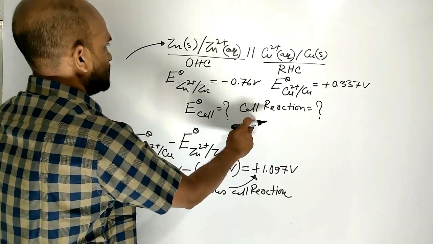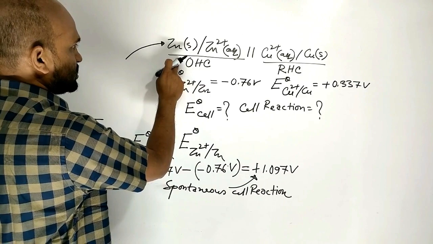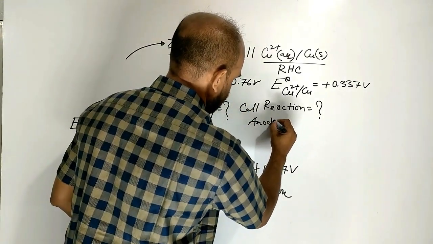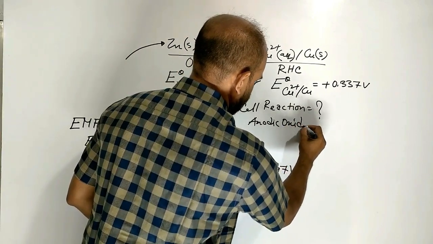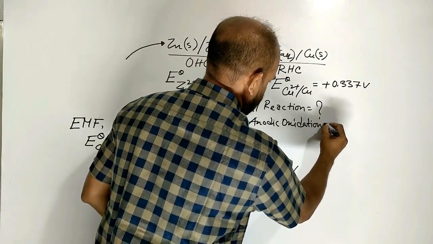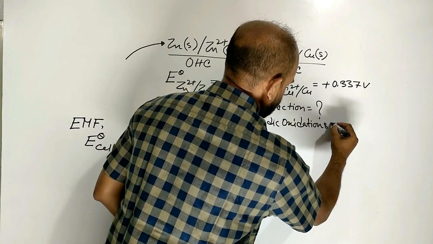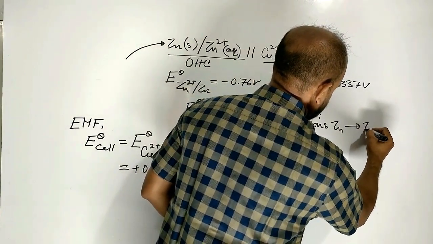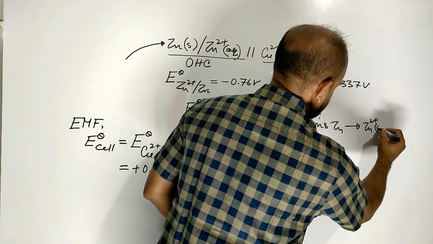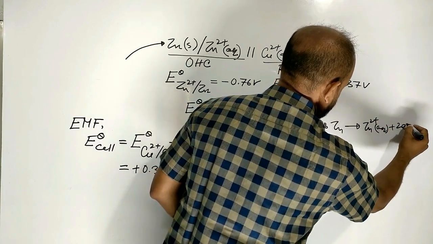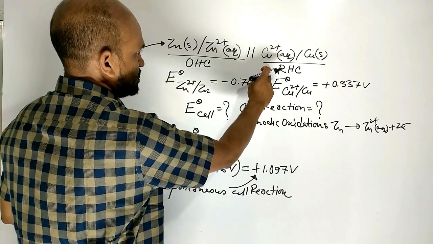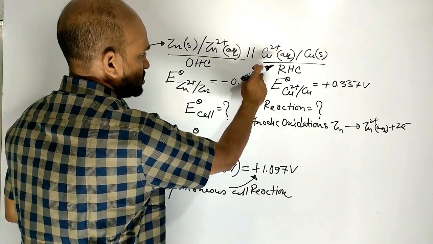Now let us see the cell reaction. Oxidation half cell, that is anodic oxidation. Here zinc donates electrons, and this is the reduction half cell which undergoes cathodic reduction.